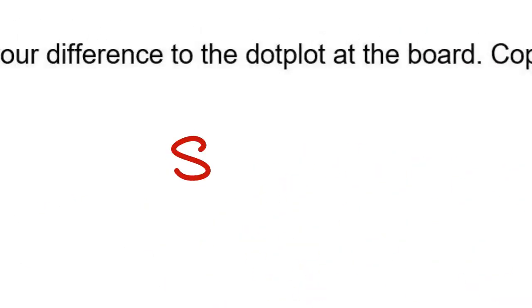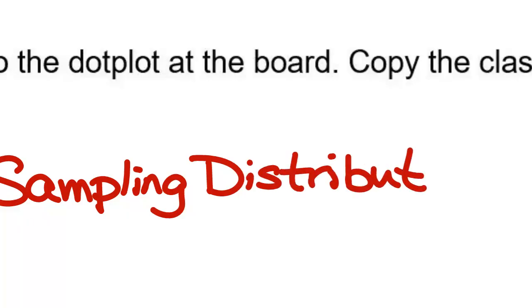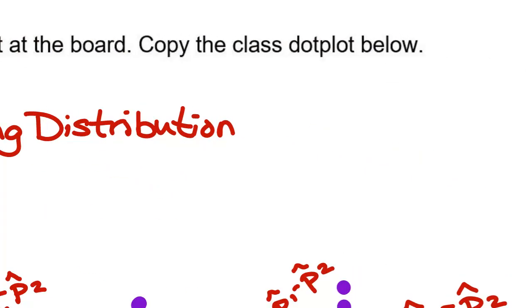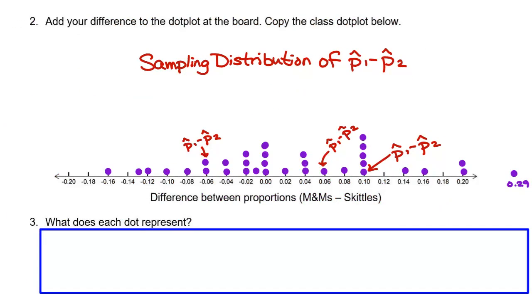So this thing right here is the sampling distribution of p hat 1 minus p hat 2. Is this the full sampling distribution? No, this is a partial sampling distribution.